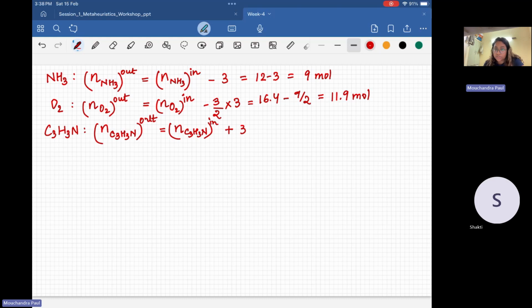Please note, in the feed we didn't add any acetonitrile, so that term will be 0. So how much acetonitrile you will get out is 3 moles. Then water is another constituent.